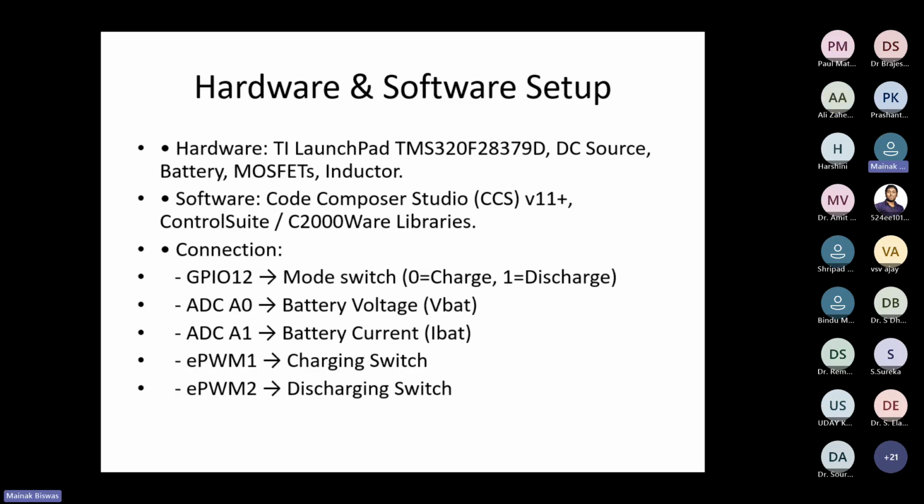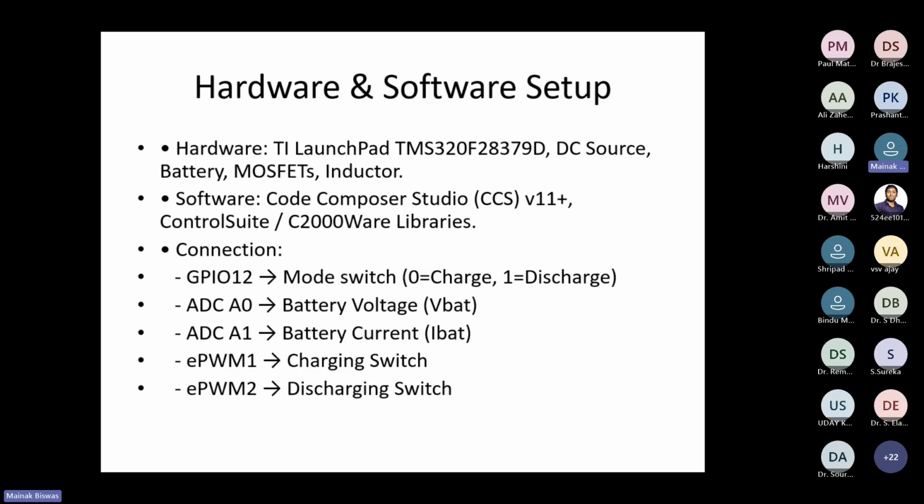Sorry for the interruption. The control suite and the C2000 libraries. Then we'll connect the C2000 with the GPIO pins. For my project, I will use GPIO 12 for mode switching, zero for charging and one for discharging.